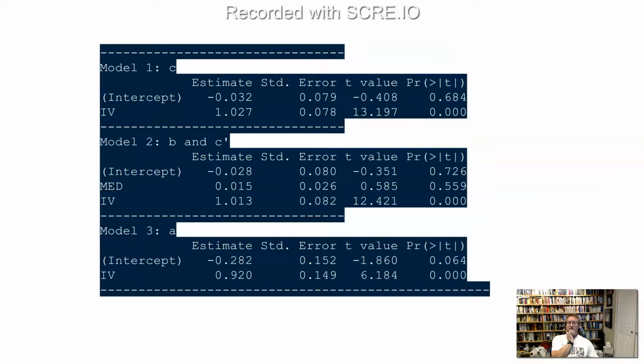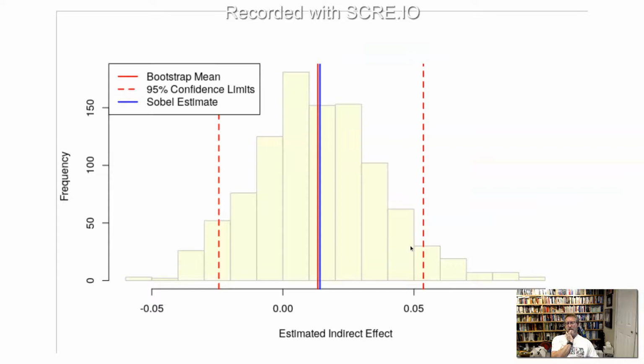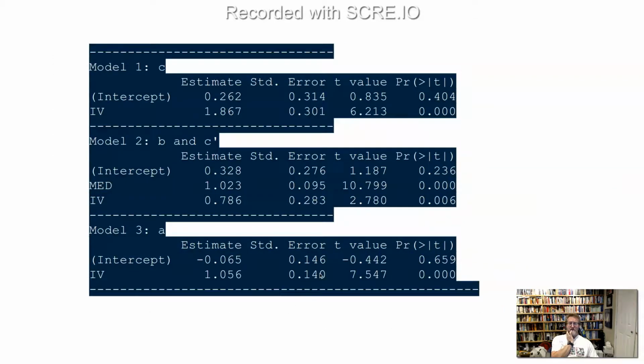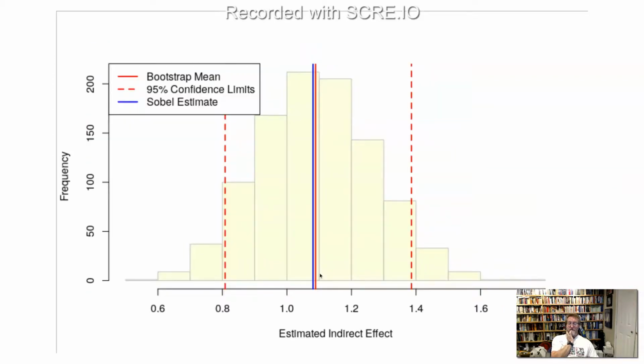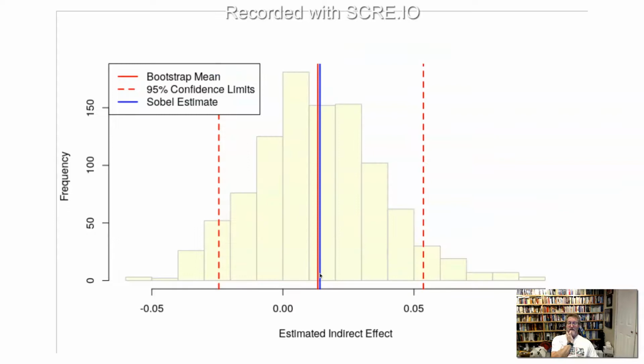Here's a situation in which the B parameter is not significant. I've got a significant C. My B parameter is not significant, but my C prime remains significant. And I've got another instance in which this is a mediation model where I have ruled out mediation. This one I have failed to rule out mediation because of the indirect effect.